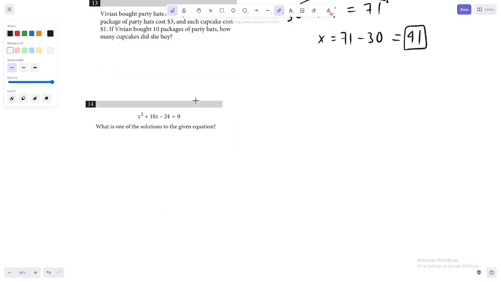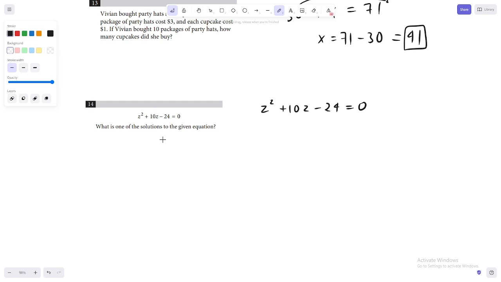And the last question for today, we have a quadratic equation, z squared plus 10z minus 24 equal to 0. Now we have to find what is one of the solutions to the given equation.